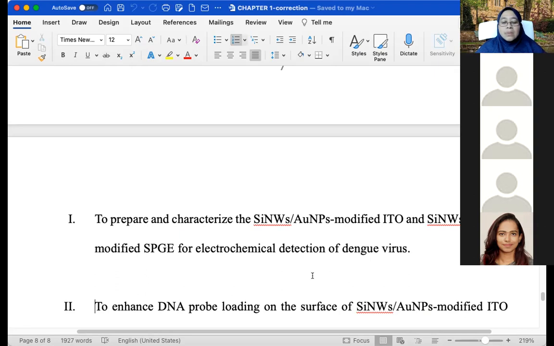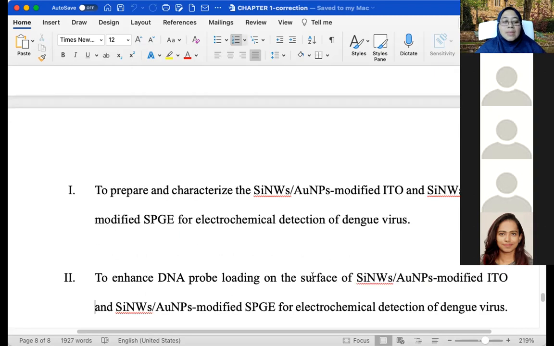So it should be measurable. You can see that some of the words that he has chosen are not really measurable. For example, to enhance. When I say measurable, you should be able to answer. For example, to prepare and characterize. By the end, how do you answer to people? How do you tell people, I have prepared?